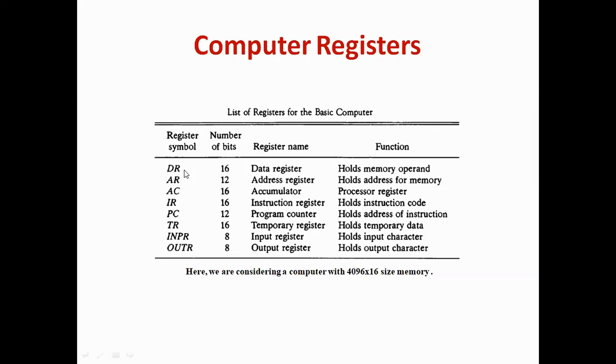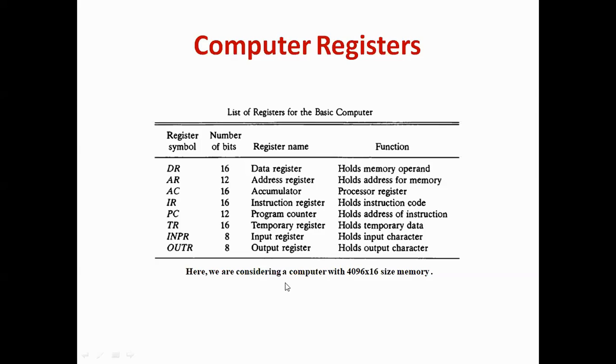One is the data register, denoted by DR, and it holds the operand. Whenever an operand comes from memory, it is put in the data register. So it is related to the operand, the thing on which we have to work.